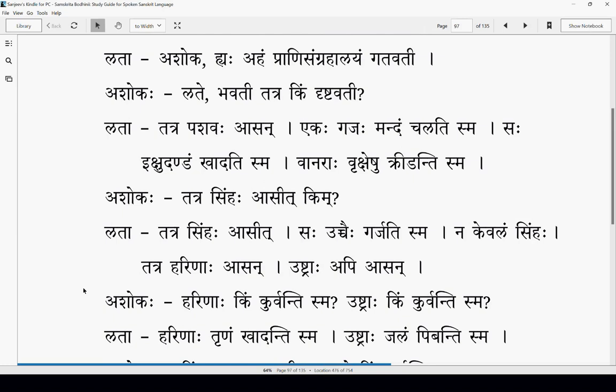There are three variations of Bhuta Kal. If you say Ekaha Gajaha Mandam Achalat, Achalat is a pure simple past tense. That means elephant walked. That's done. Walking is done.